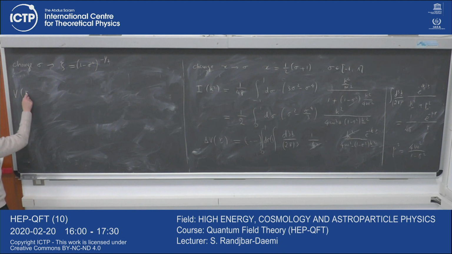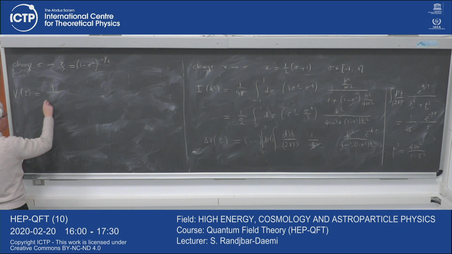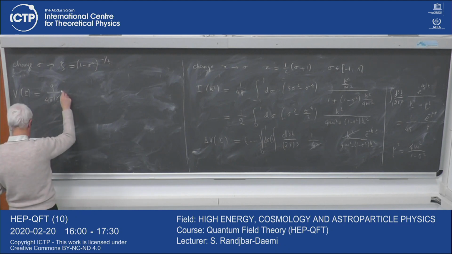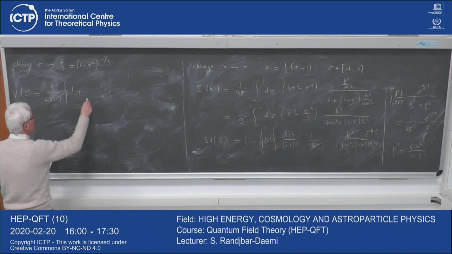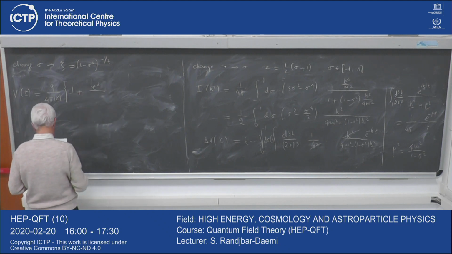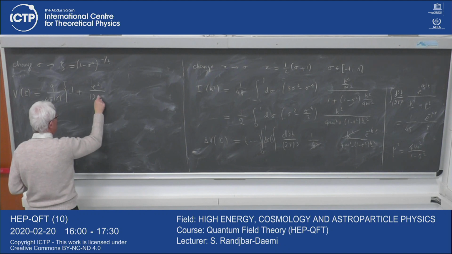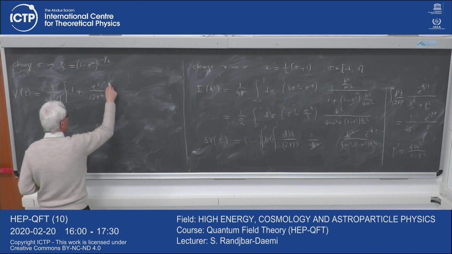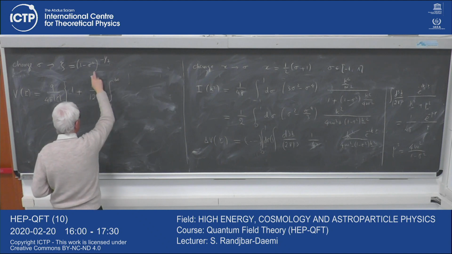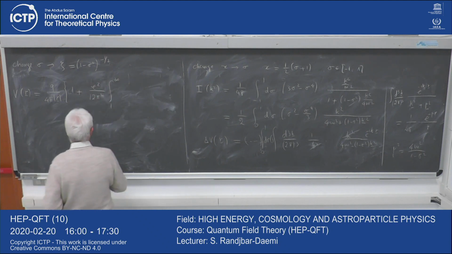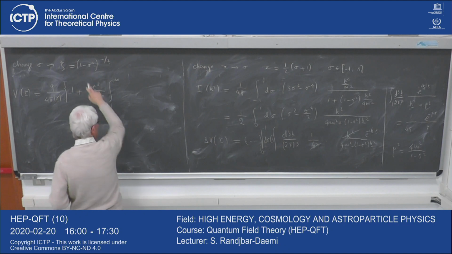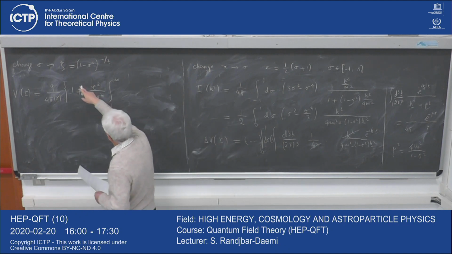So putting everything together, we write the complete potential as the sum of the Coulomb part, a big bracket 1 plus e squared divided by 12 pi squared, integral from 1 to infinity. This integration, if sigma is 0, that's the lower one, zeta becomes 1.